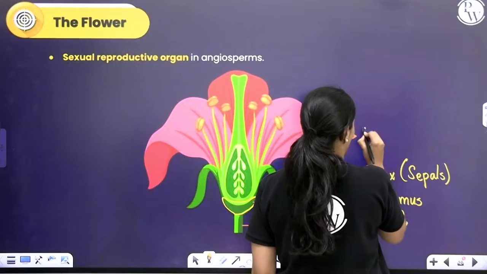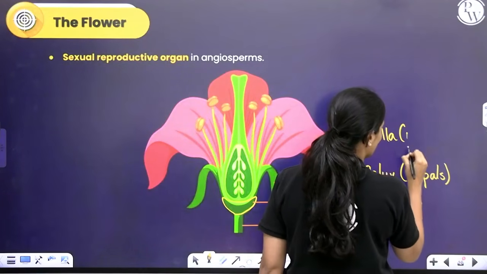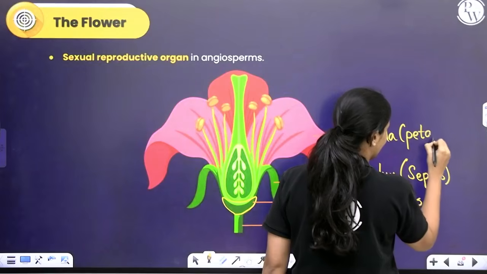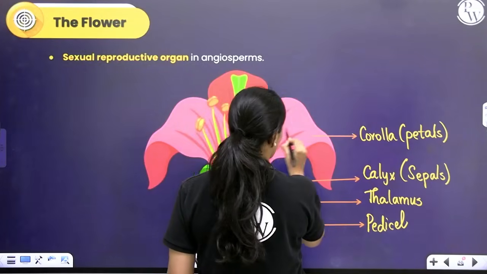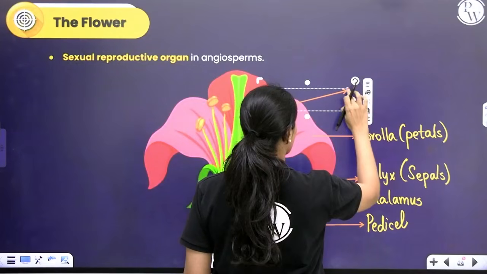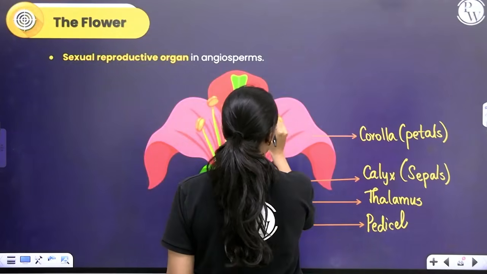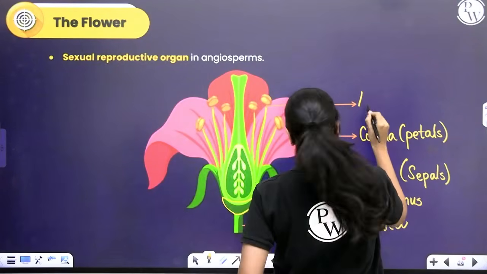Inside that, you have the corolla. Corolla is the collective term used to denote all the petals in a flower. Inside that, you have the male reproductive part, in the third whorl, which is the androecium.